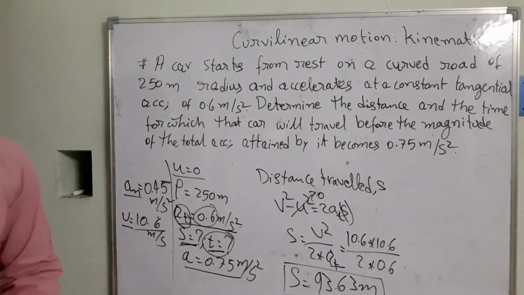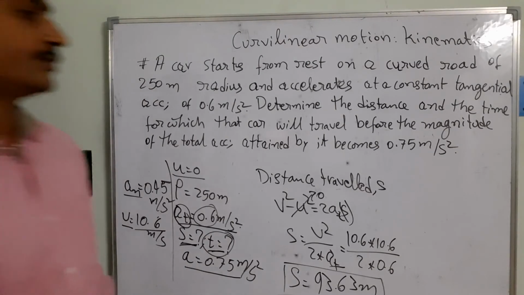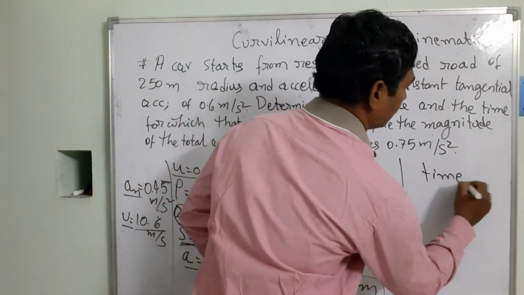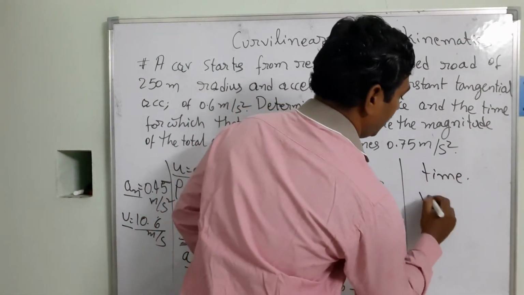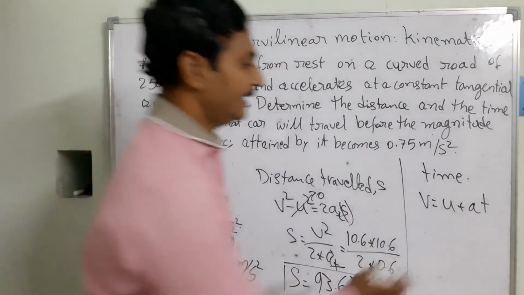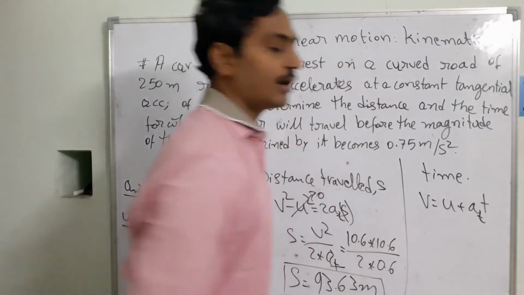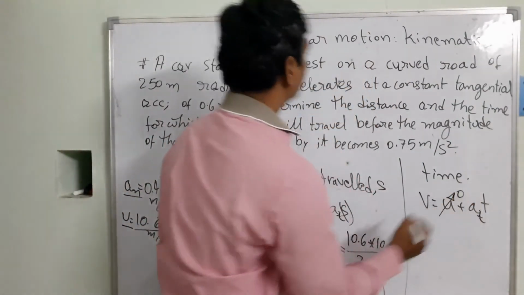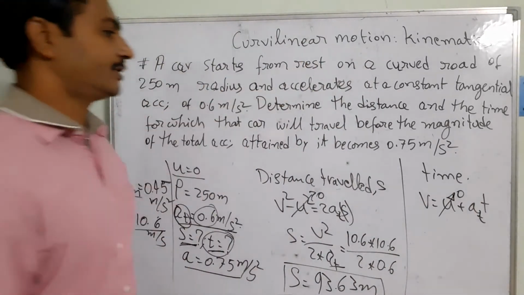How could you calculate the T value? We have the equation to find the time: v is equal to u plus at. Here a is the tangential component, which we need to take. Then u is equal to 0, because it is starting from rest.